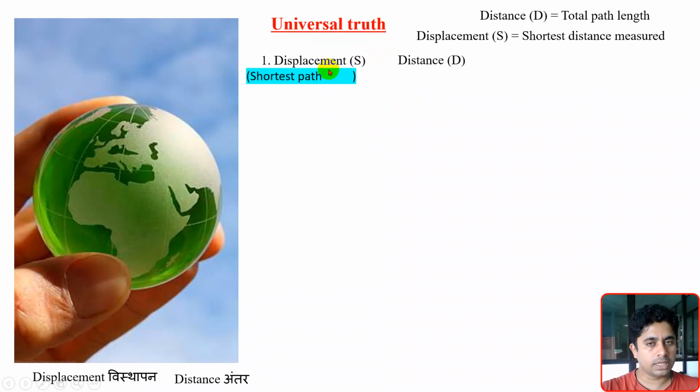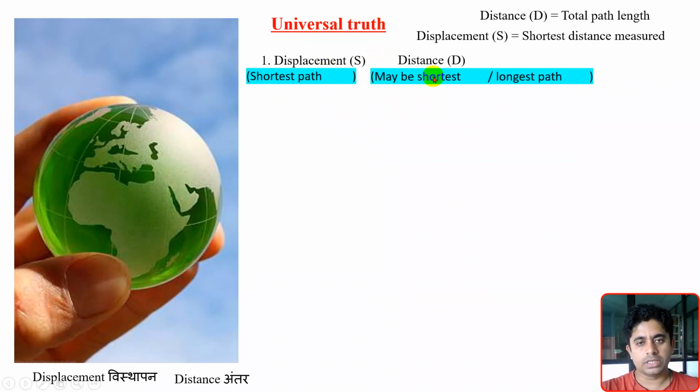Displacement means the shortest path, and distance means a path that may be shortest or may be longest. It depends upon which path the person or object has chosen. Displacement means the shortest path, and distance is just the total path length, which may be shortest or longest.